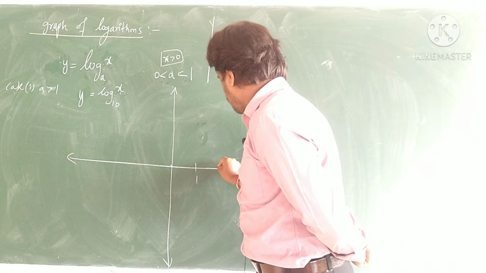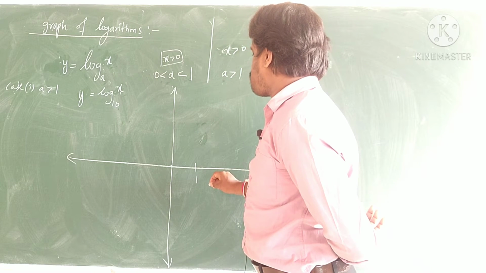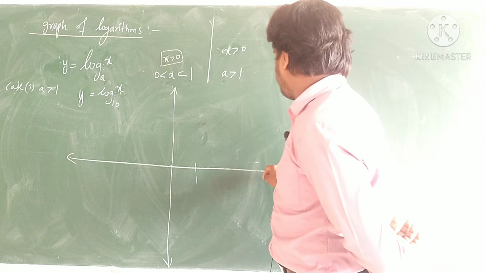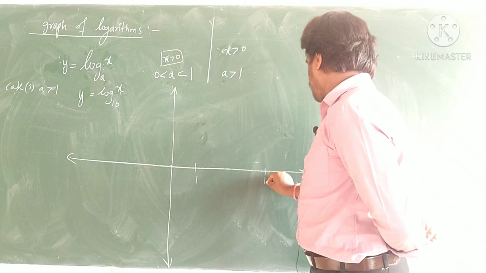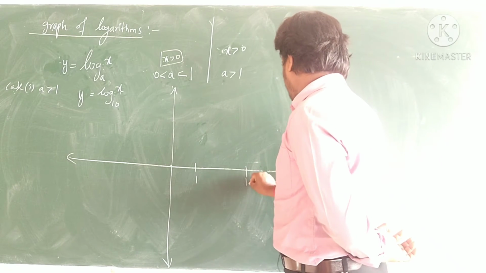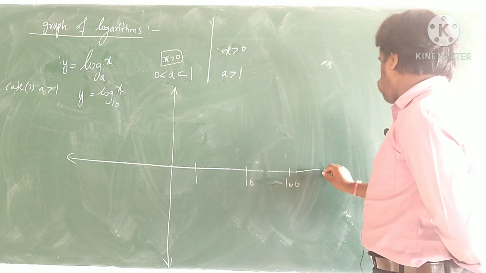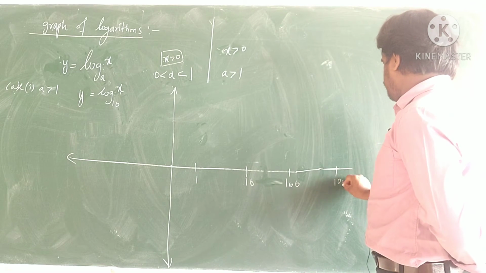Now see here, I will take numbers like 1, 10, 100, 1000, likewise.